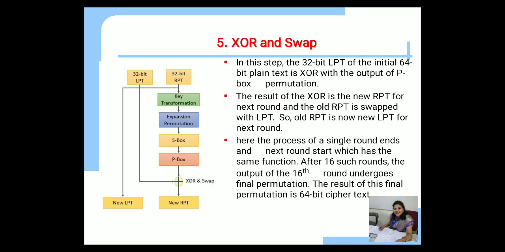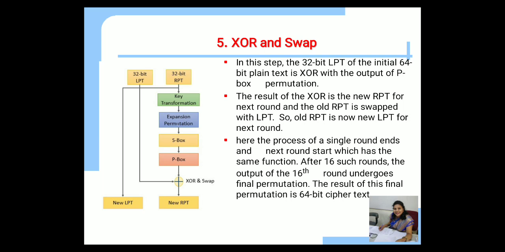The S box only performs substitution with the row and column intersection and gives the result to the P box. The P box performs the permutation. After this we perform XOR and swap. So how many bits do we get? 32 bits.